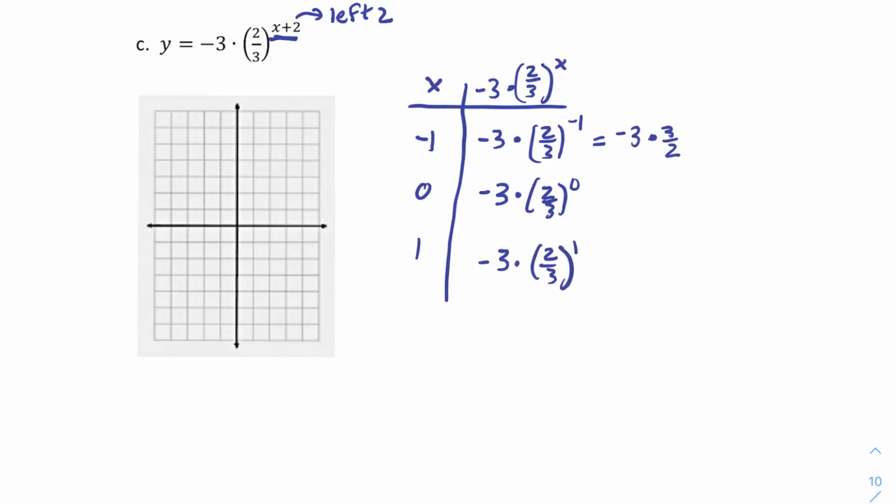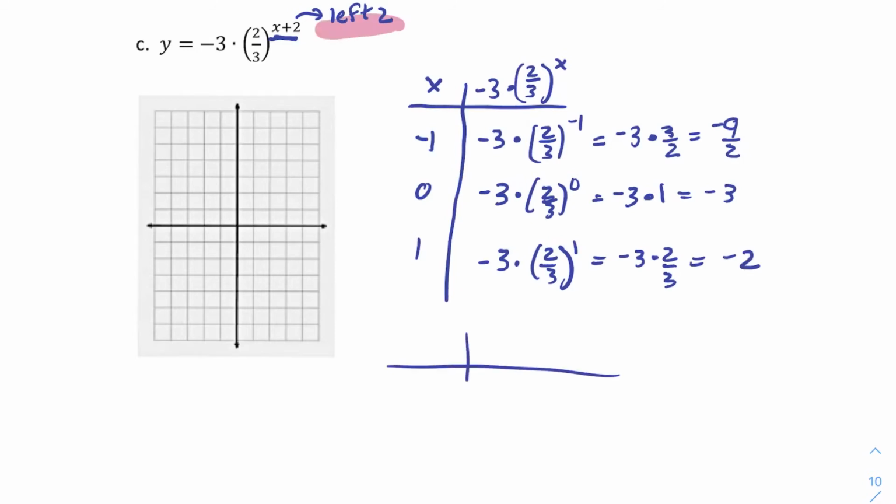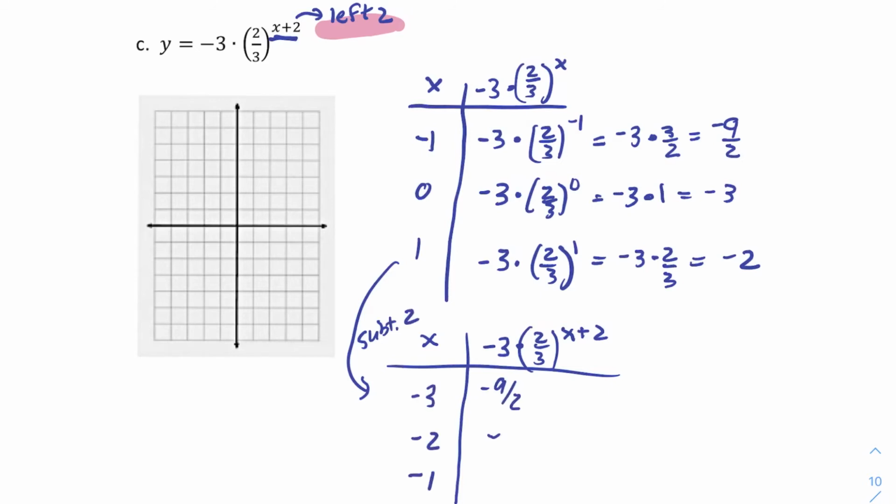If you have translations up or down, leave those until after you've done your basic points and then change your coordinates in your table. All right, so these are my basic coordinates, and then I need to move everything left 2, which means I'm going to subtract 2 from my x values, and I'll end up with this set of points for my coordinates, which I can plot on my graph.